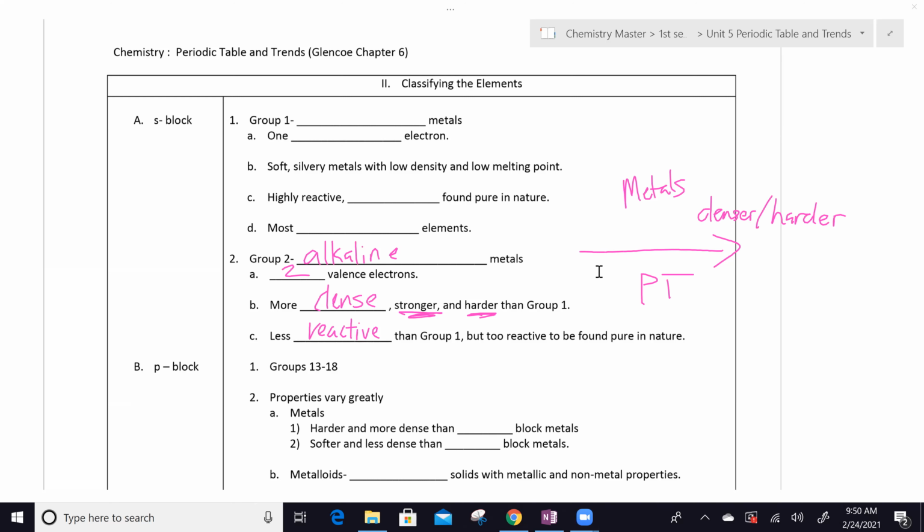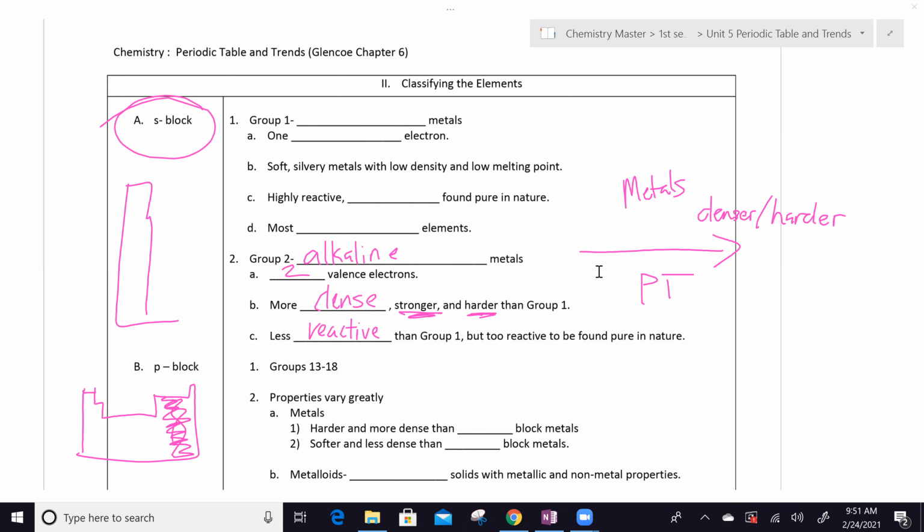All right, so now that covers S block. S block, that's those first 2 columns on the periodic table. P block, this is all the way on the other side of the periodic table. All right, so now we're dealing with P block over here.